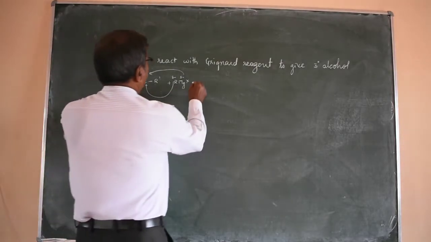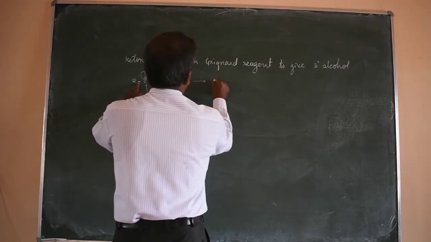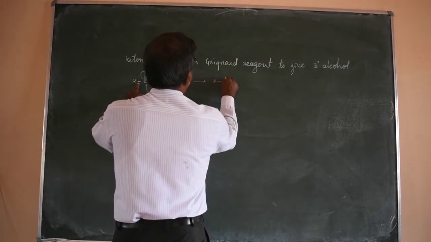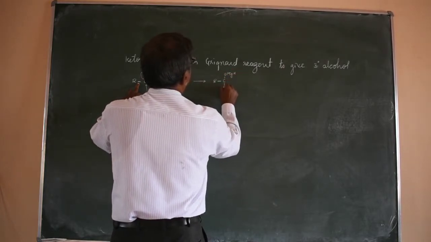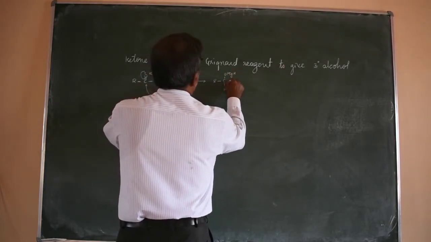Well, you are getting the addition product RCOMgX, then it is R and R dash.